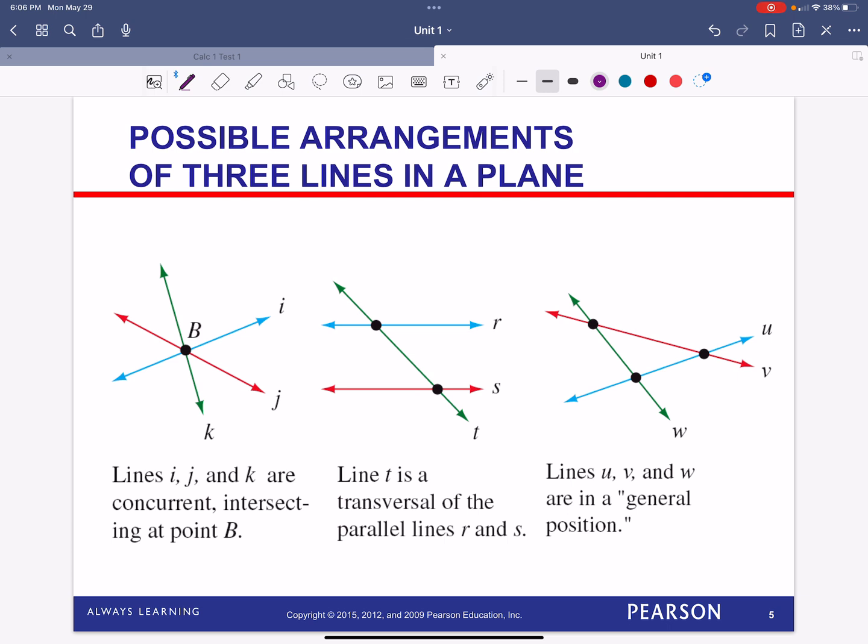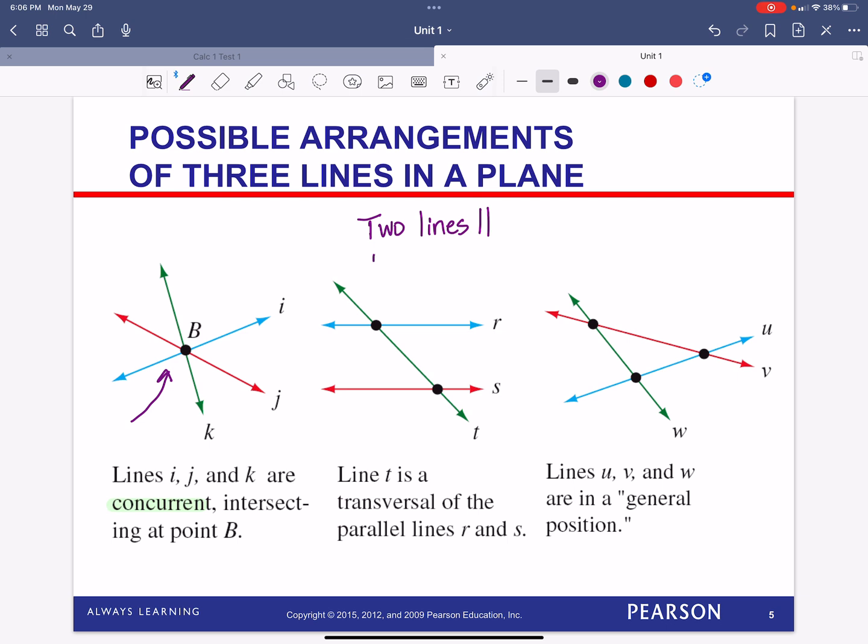These are examples of what 3 different lines can do. When you have 3 lines in the same plane, all 3 lines can intersect at one point. These are called concurrent because they all intersect at point B. Our next option is that 2 of the lines are parallel, and that's the symbol for parallel.